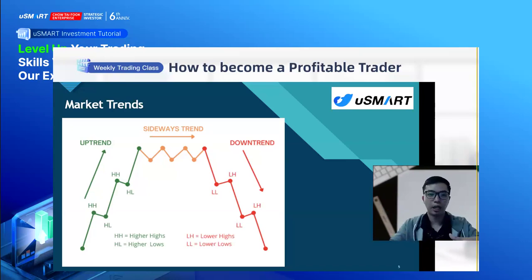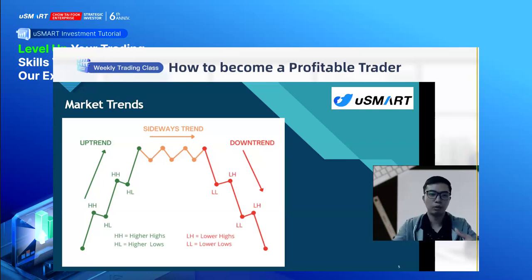Then for the sideways trend, as the name says, it's sideways. The price goes nowhere, because it went up, went down, went up, went down. It's like consolidating in a certain range. This type of market is very hard to trade, unless you just invest in it.